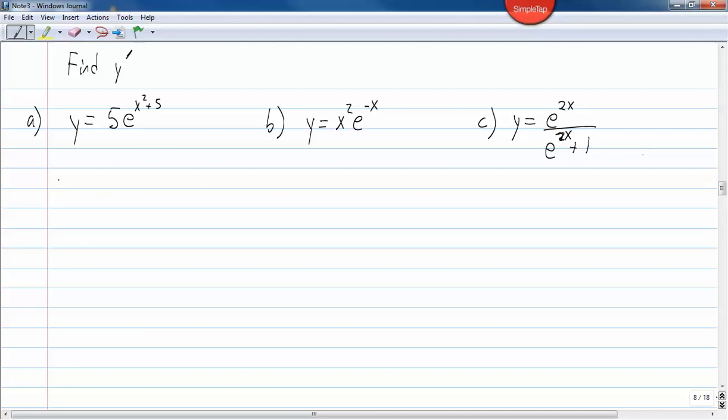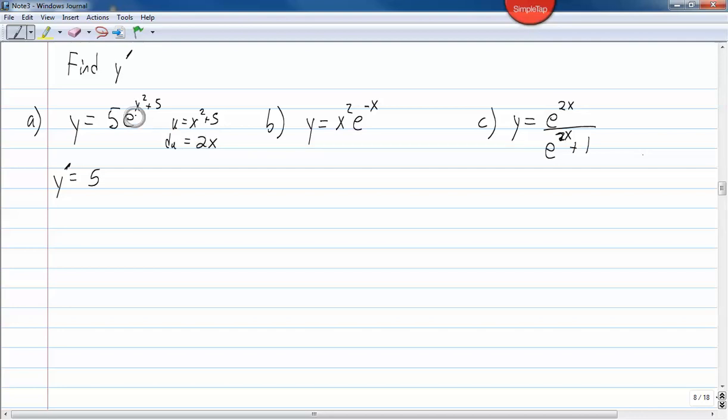Alright, so if I want to find the first derivative, this first one here, I have a constant in front. Remember, you just bring constants down with the first derivative. And then the derivative of this term, my u equals x squared plus 5, so my du is going to be equal to 2x.